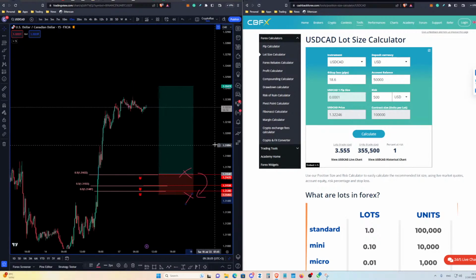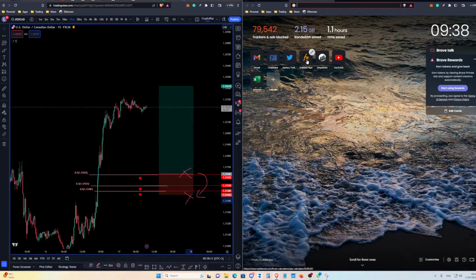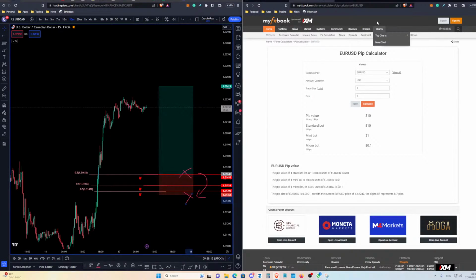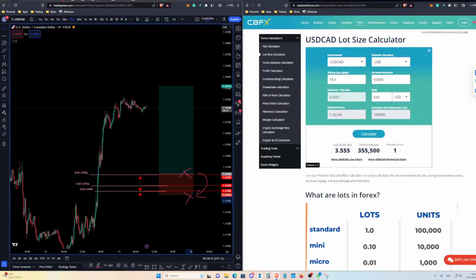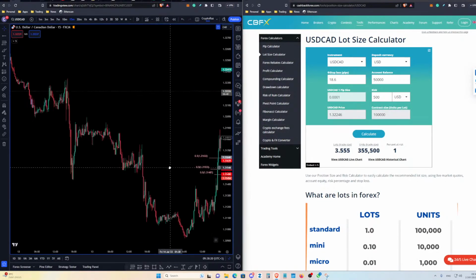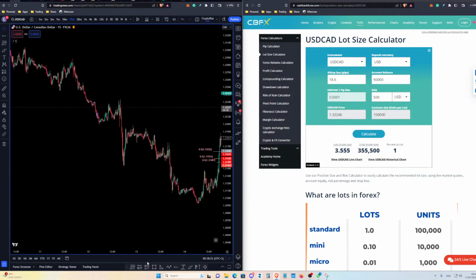So this is what I want you to do. Go to cashbackforex.com, or you also have my FX book, which is also cool, but use this one, cashbackforex.com, and just try and look for calculating pips.